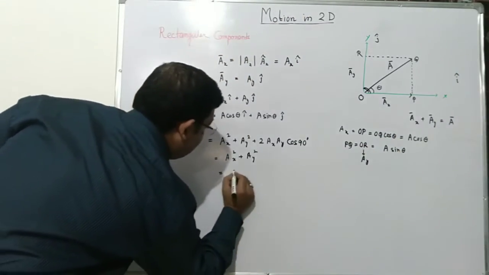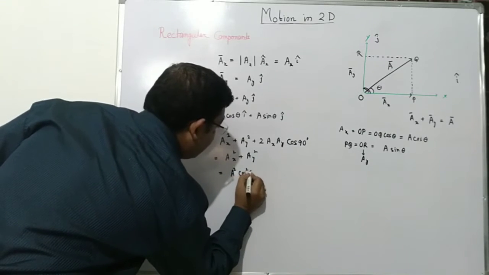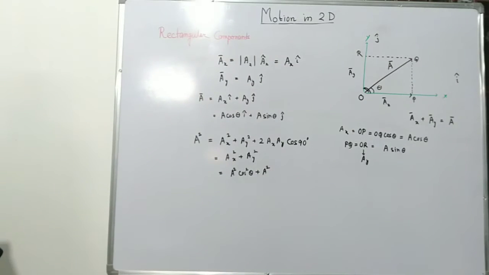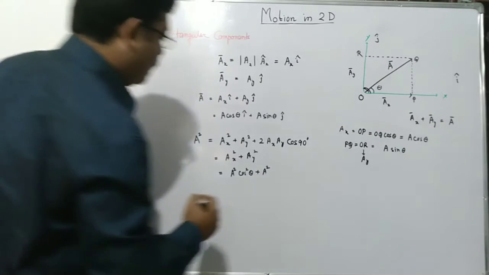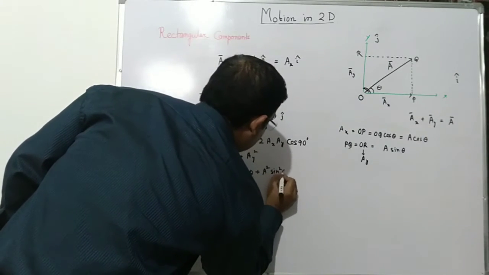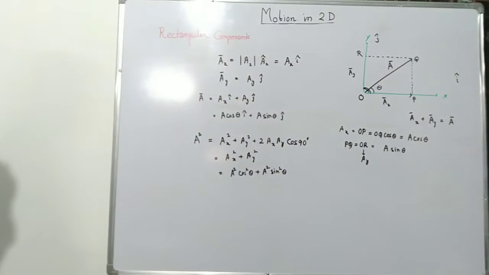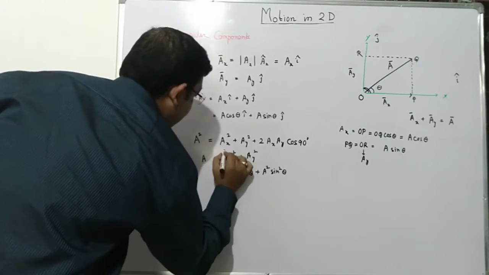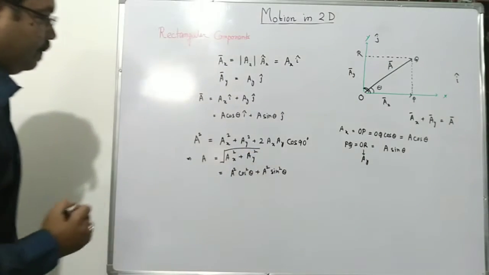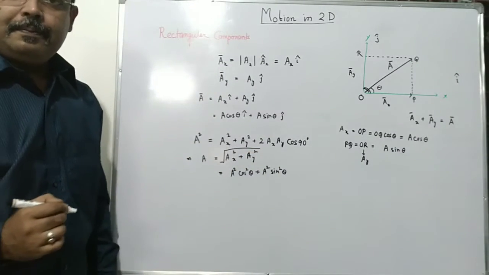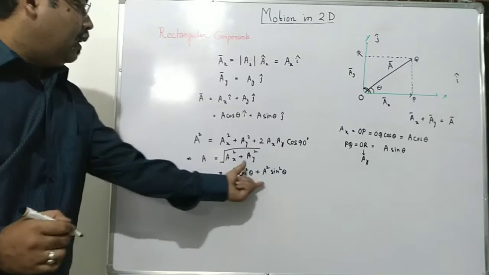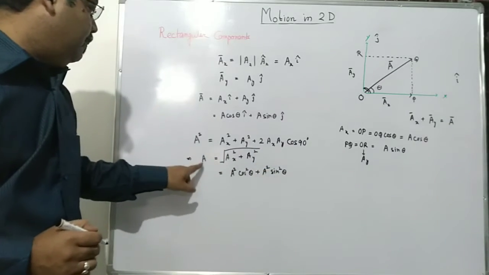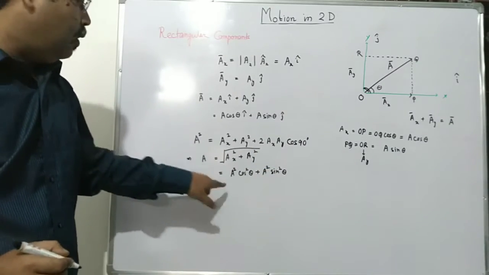So we get A squared cos squared theta plus A squared sin squared theta. So A equals the square root of this. And of course, if we take A squared common, cos squared theta plus sin squared theta, we will be left with A squared, or the square root of this.